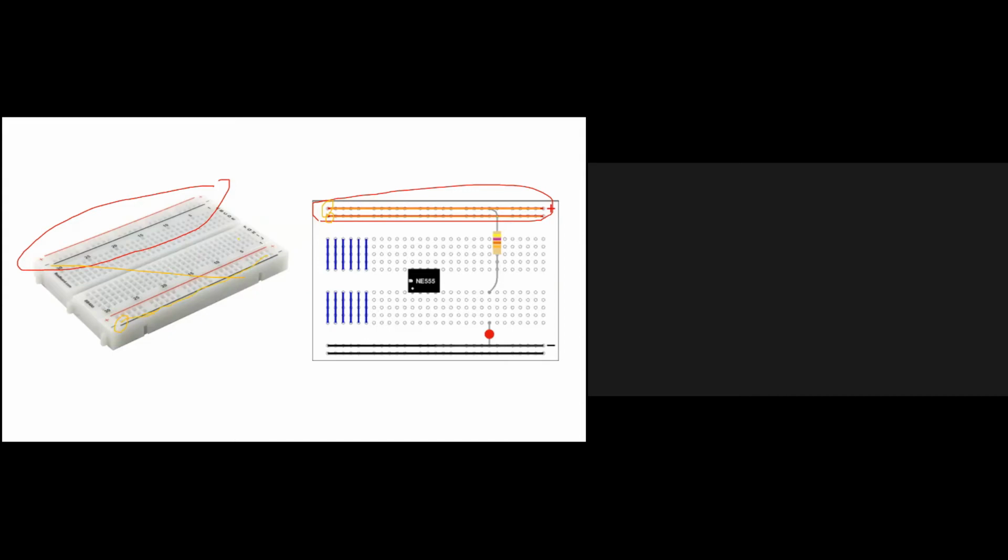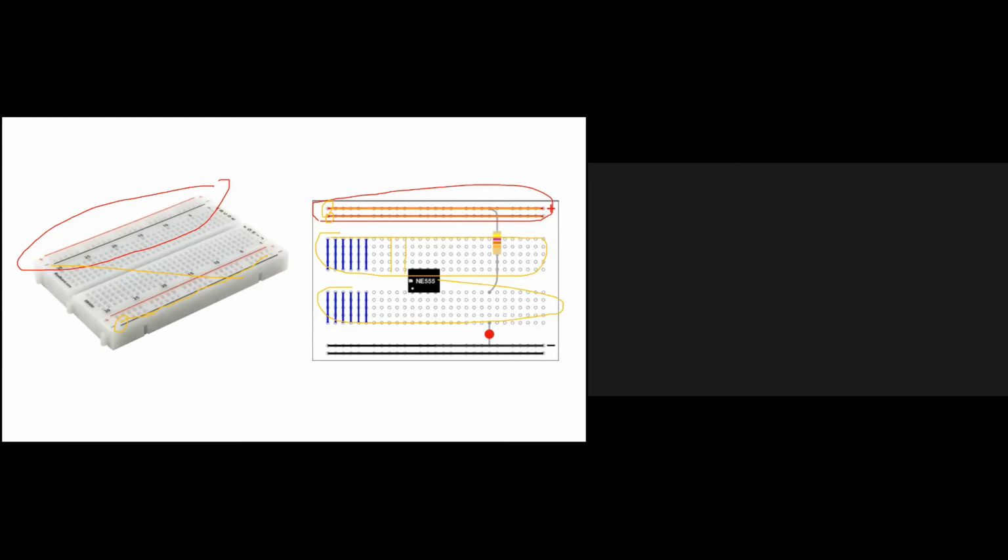Then the middle part is completely disconnected from these two paths as well as this part. In the middle connections, the paths are short circuited as appearing in the diagram. So these holes are short circuited.